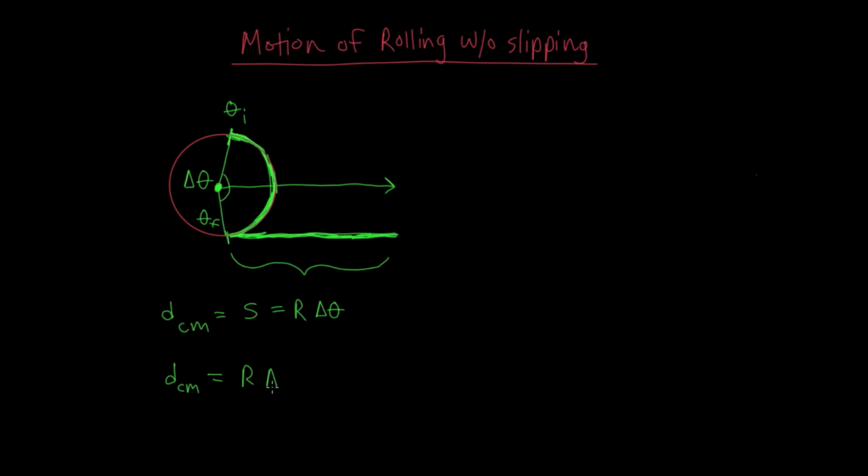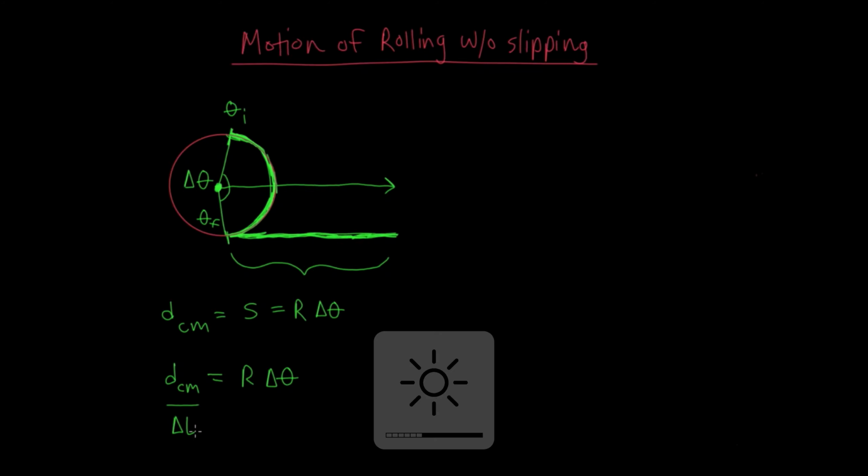And so let's divide both sides of this equation by the change in time. Meaning, let's divide both sides of the equation by the amount of time it took the ball to roll this entire distance that's traced out by the green paint. We'll call that change in time delta t, for change in time.